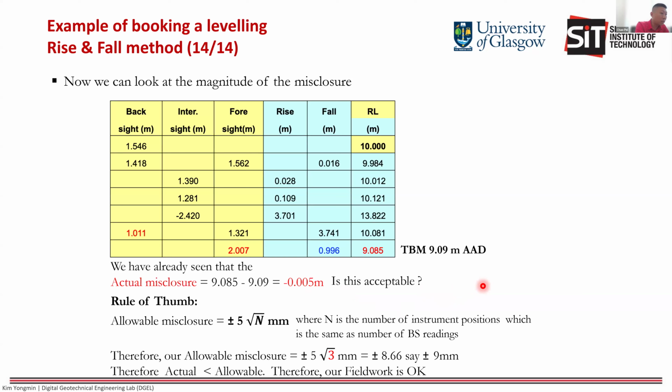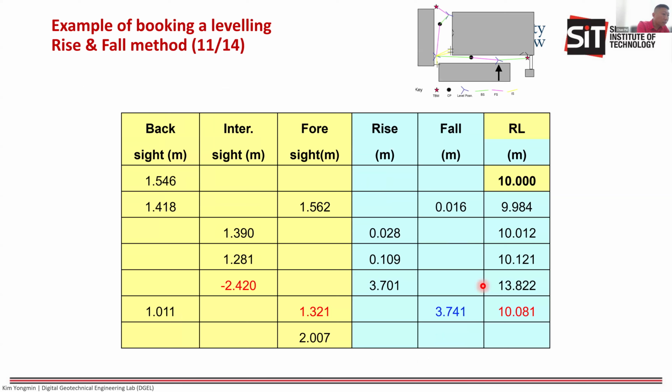And this n is nothing but the number of instrument positions that you made during the surveying procedure. In this case, we changed the instrument 3 times, right?